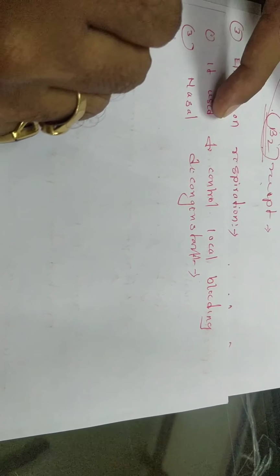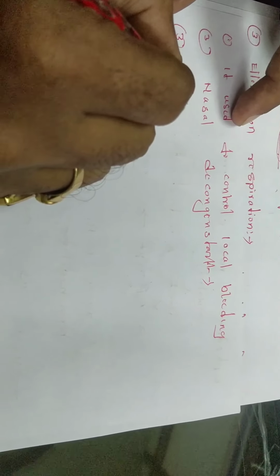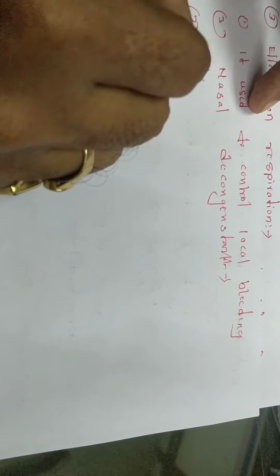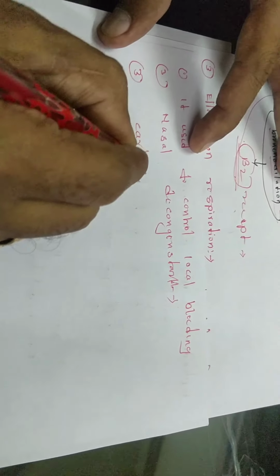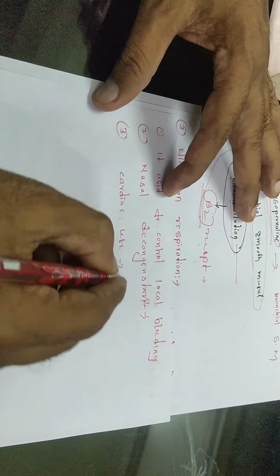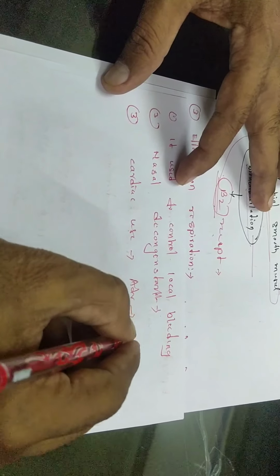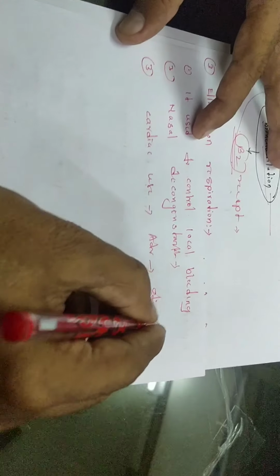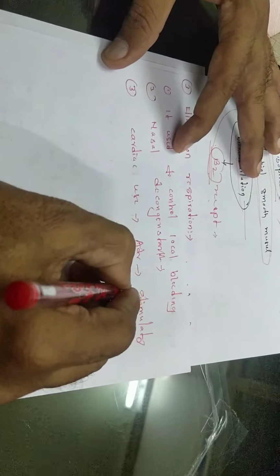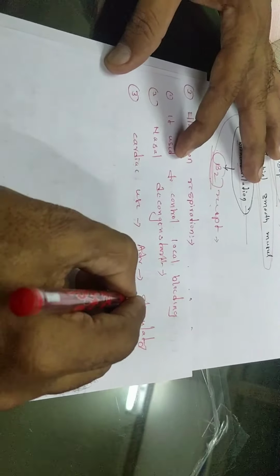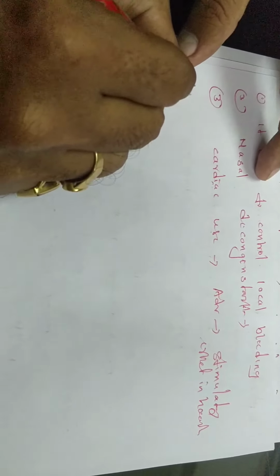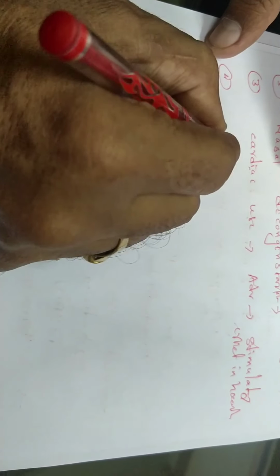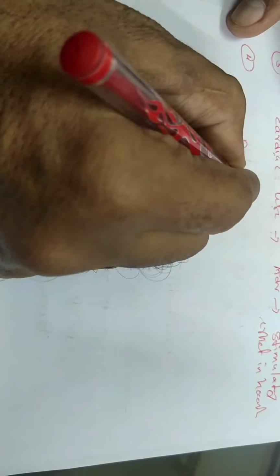Adrenaline is used in cardiac uses. Adrenaline stimulates the heart. Stimulatory effect in heart, that is why used in the cardiac uses. Next, it is used in treatment of bronchial asthma.